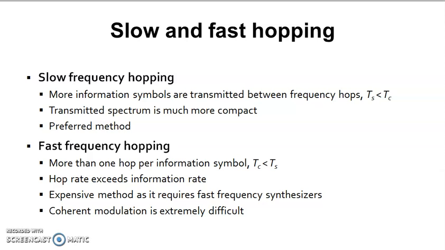The hop rate exceeds the information rate. It is an expensive method as it requires a fast frequency synthesizer, and it is complex at the receiving side. So coherent modulation is extremely difficult in a frequency hopping system.